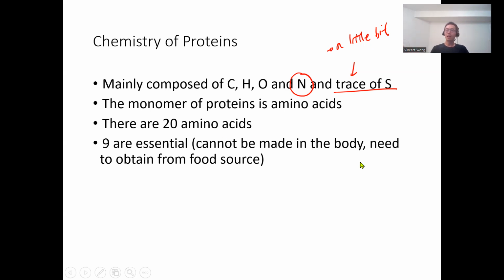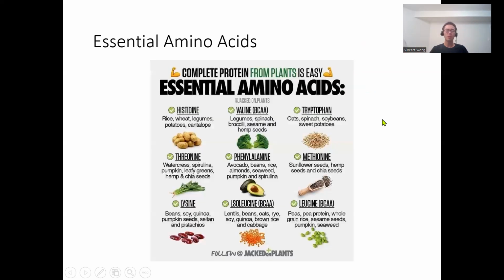Unless you are a picky eater, the regular meal that you eat should include all the essential amino acids already. You don't have to go out of your way to get certain kinds of essential amino acids. But if you wanted to, this is a chart that shows you where certain foods would be very high in a particular amino acid. So there's something called histidine. You can get it from rice, wheat, potato.